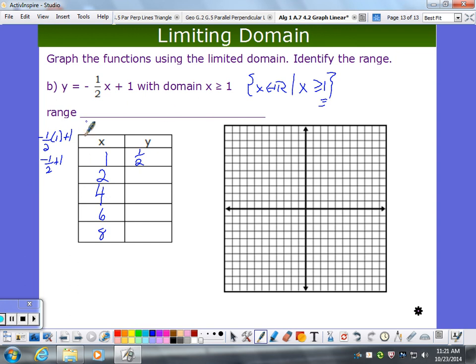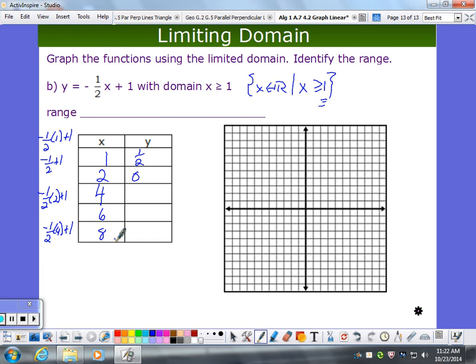Negative half times 2 plus 1. What's half of 2? 1, but it's negative, so negative 1 plus 1 is 0. I'm just plugging numbers in. Negative half of 4 plus 1. What's half of 4? 2, but it's negative, so negative 2 plus 1 is negative 1.